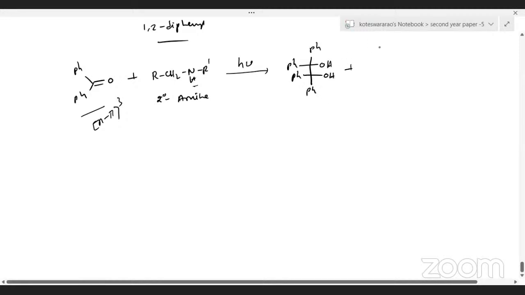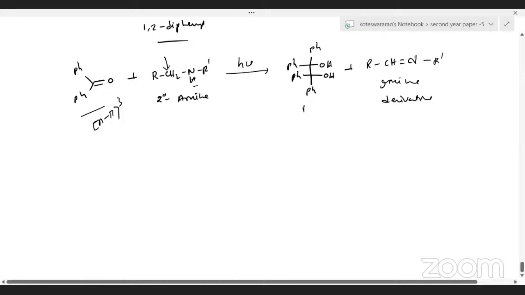And the second one is, sometimes here the second amine molecule may not be available. In such a case, the second radical is also abstracted from this carbon, and that leads to the formation of an imine derivative. This is the imine derivative.